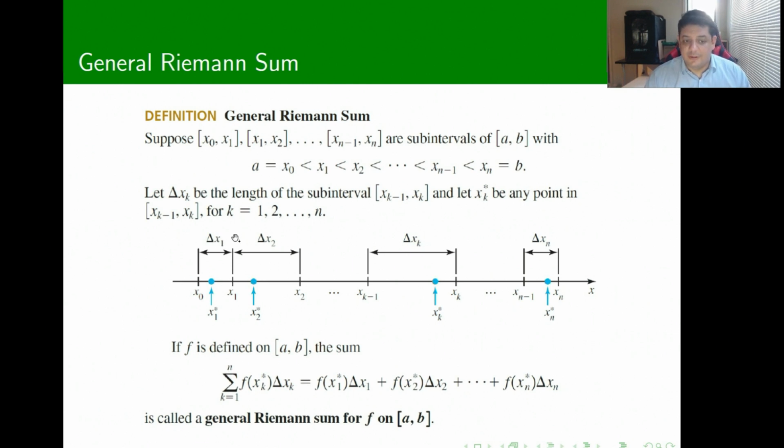As you can see, we have different sizes here, and this is called the general Riemann sum of f for [a, b].